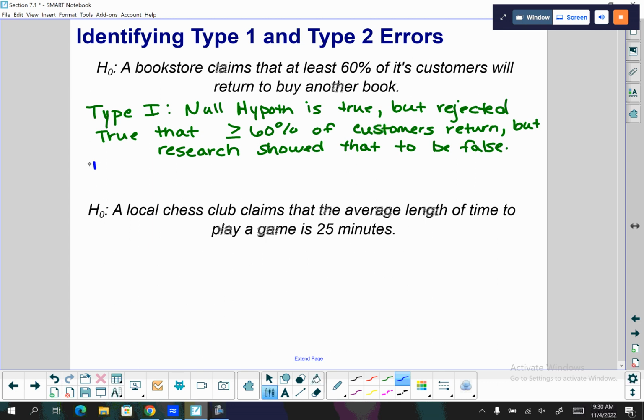A type 2 error is when the null is false, but not rejected.